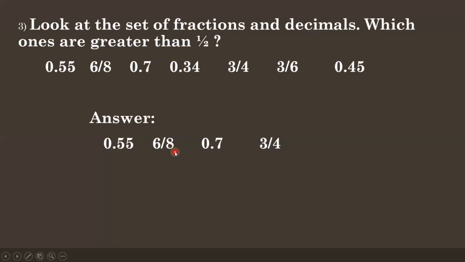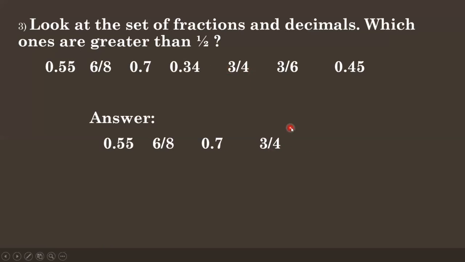So 6 by 8 is also an answer. 0.7 is already greater than 0.5, so we will write that number. 0.34 is less than 0.5, so we are avoiding this. What about 3 by 4? When you divide 3 by 4, you will get 0.75. That is greater than 0.5, so you have to write this.